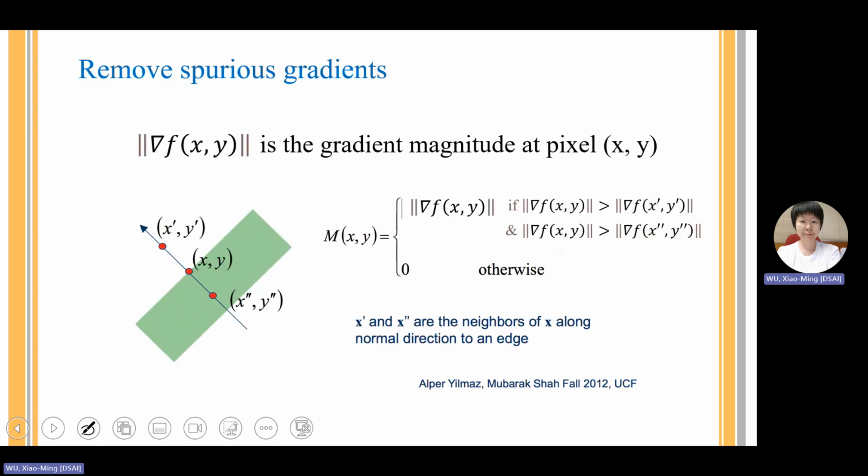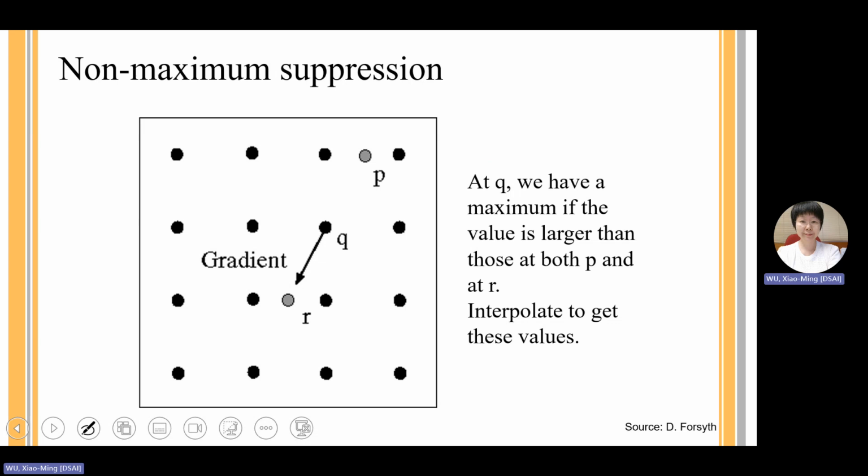What we mean is that given an image like this, we only have 1, 2, 3, 4, 5, 6, 7, 8 directions within an image, right?